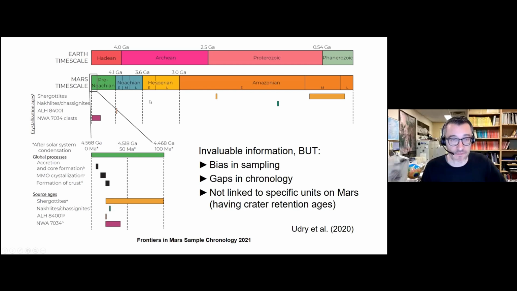We're going to want something in the Hesperian to Noachian, in this gap that we're missing in the Martian meteorite suite. And of course, it's important that we have the context for those samples, so that we can determine how they fit and whether we can get an absolute pinning point to nail down this Martian timescale, which has a lot of uncertainties. So that is it for the brief summary, brief history.